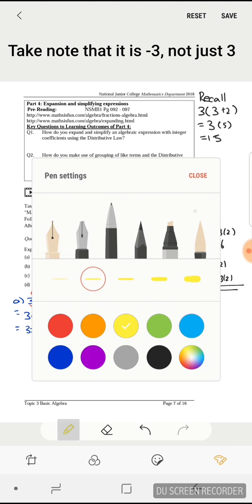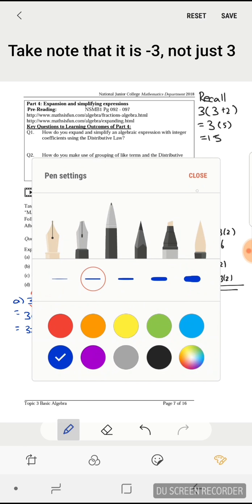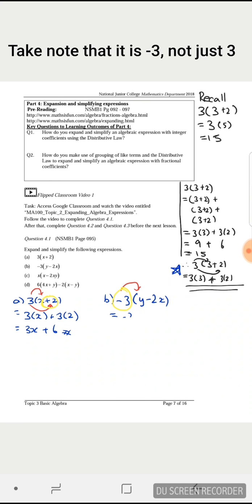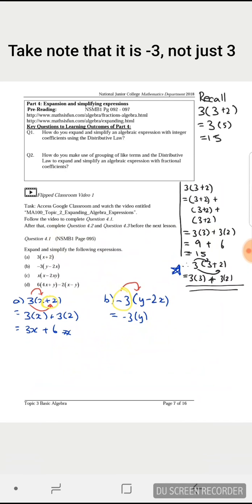As mentioned, you should notice that this is negative 3, not just 3. So negative 3 times y, you get negative 3y. And the next one, what do you get? Negative 3 times what? 2x or negative 2x?